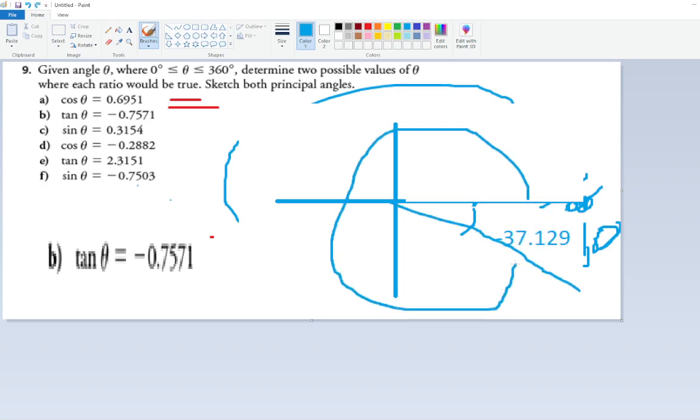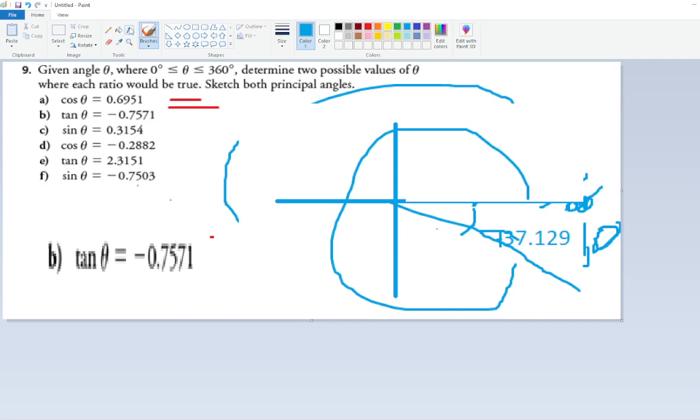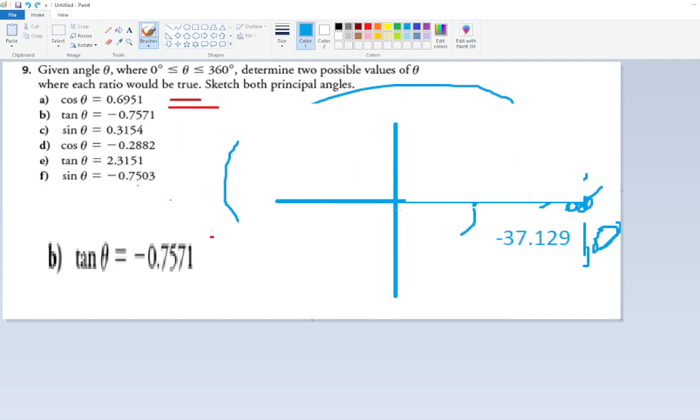We want this angle, which is 360 minus that acute angle, 37.129. 360 minus 37.129. And you can use the other decimal. So that first angle is actually this one. This is the first actual principal angle that they're looking for. But tan is also negative over here. So we have to put the acute angle here, 37.129.